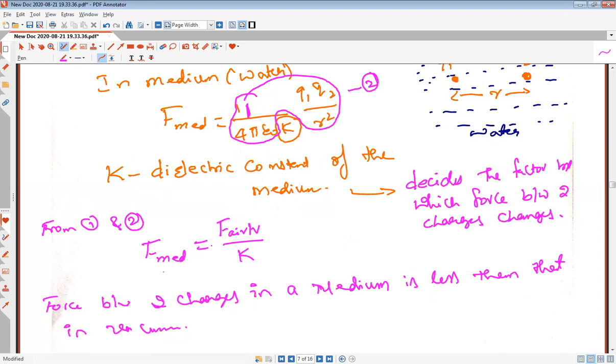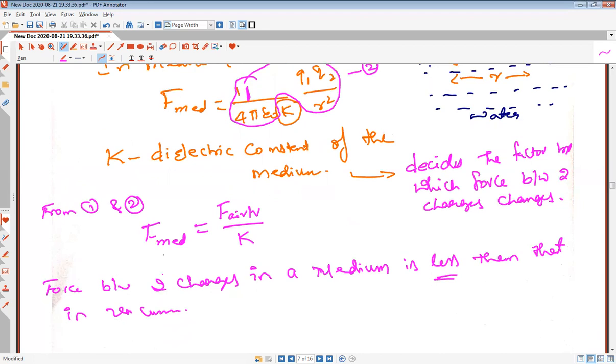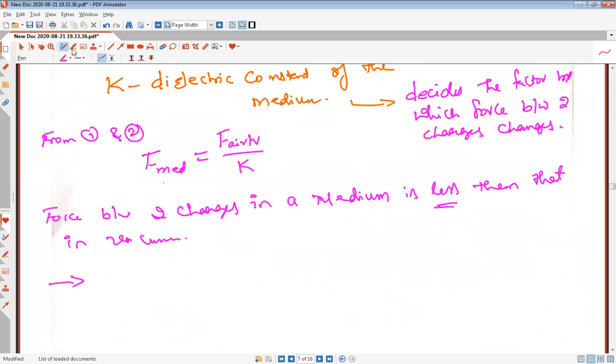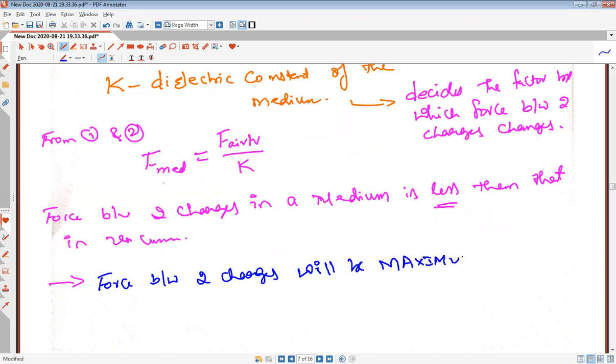So force in medium must be less than that in air or vacuum, or we can say force between two charges will be maximum when charges are placed in air or vacuum.